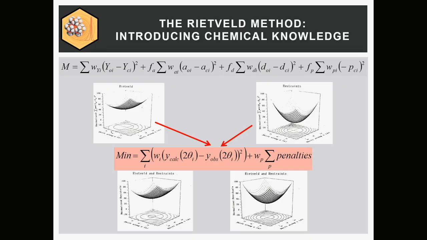You don't want to force the system to go in a direction which is completely given by your model, okay? In theory, you could say, oh, forget about the powder pattern, we just minimize all the penalties. Say, this cannot be closer than that one, this can only rotate this way, and so on. And at the end of the day, you can solve the structure without having a powder pattern, but this is not the idea.